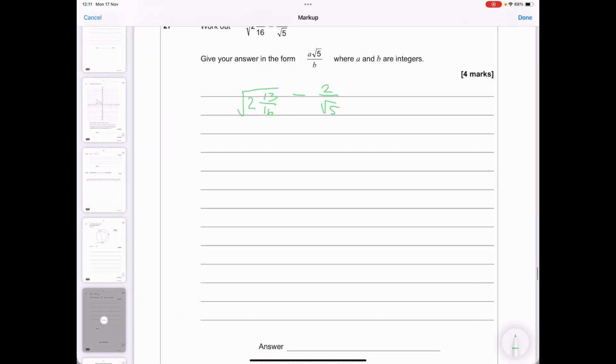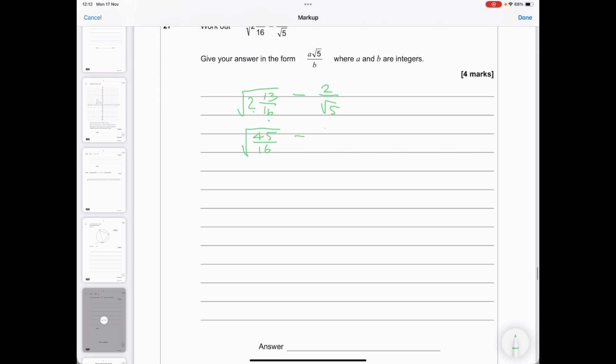Okay, so before we do anything with the root, I'm going to do two things. I'm going to times it out, so 2 times 16 is 32, plus 13 is 45. So on top, I've now got root 45 over 16, minus 2 over root 5.